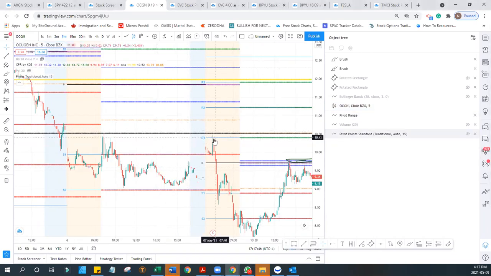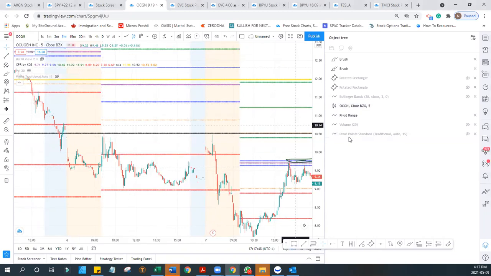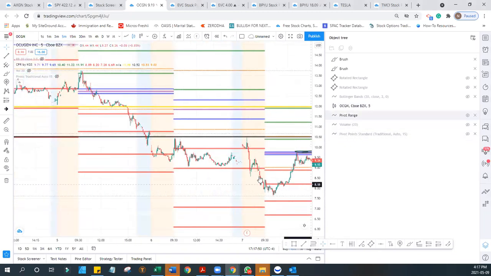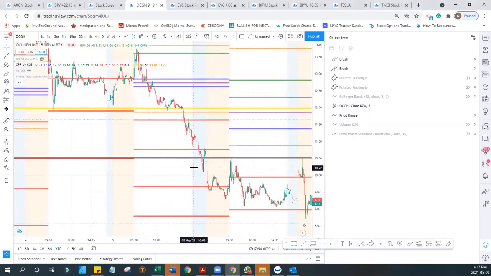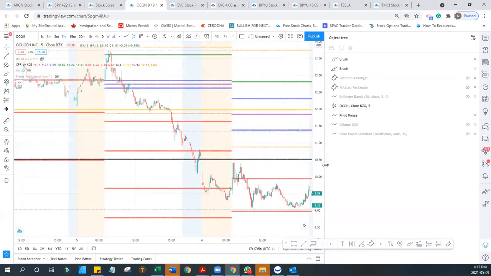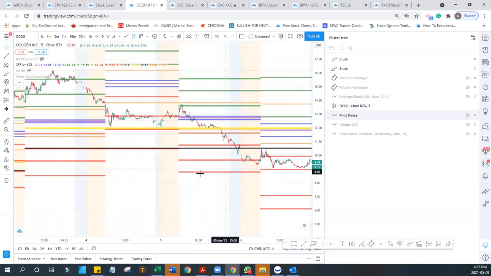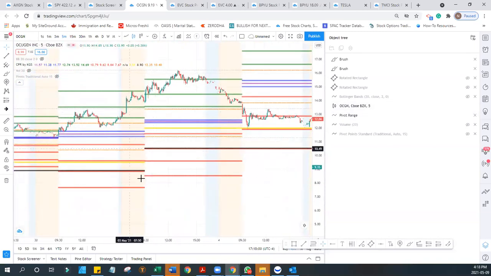So for example, let me turn it off and do the back testing of how the pivot worked on the weekly basis. The price reacted always.